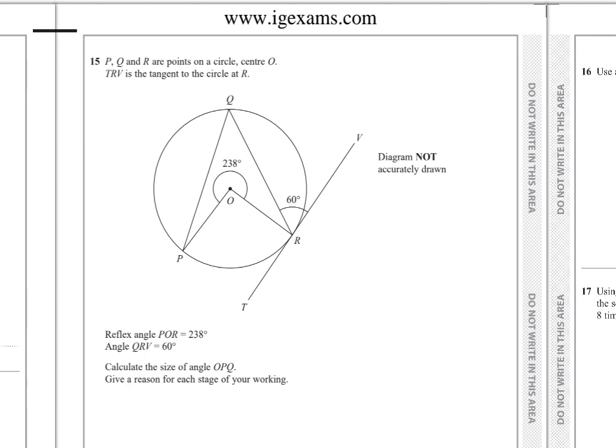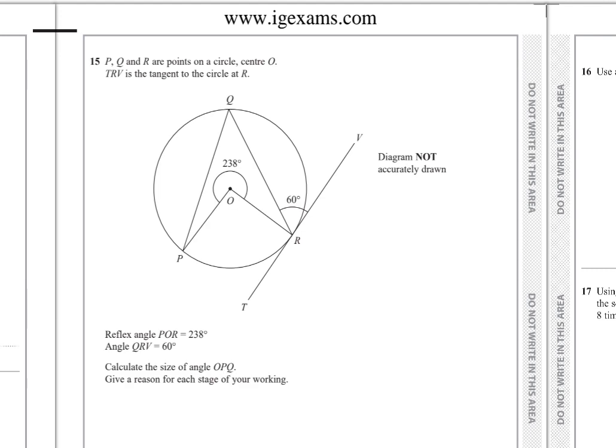Number 15. P, Q, R are points on a circle, center O. TRV is a tangent to the circle at R. Reflex angle BOR is 238. Angle QRV equals 60. Calculate the size of the angle OBQ.